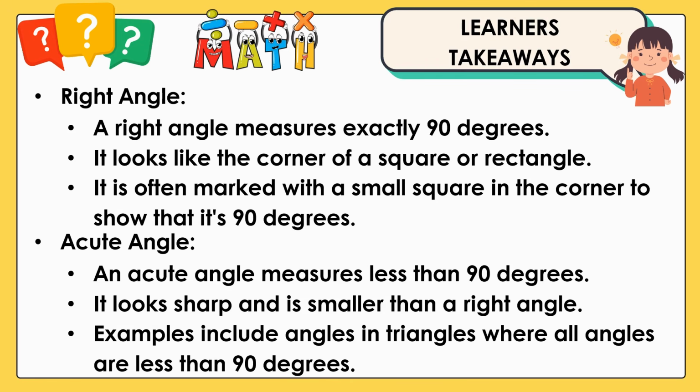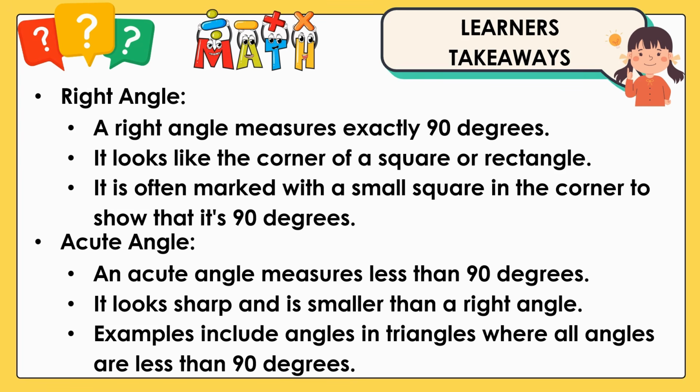For learners' takeaways, remember right angle. A right angle measures exactly 90 degrees. It looks like the corner of a square or rectangle. It is often marked with a small square in the corner to show that it's 90 degrees.